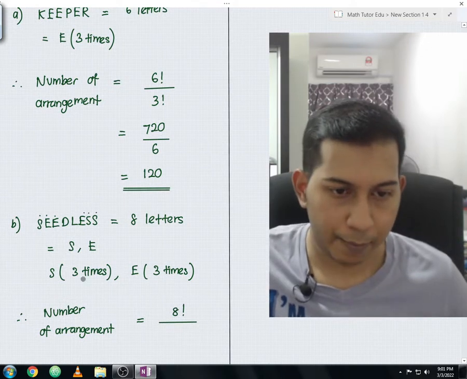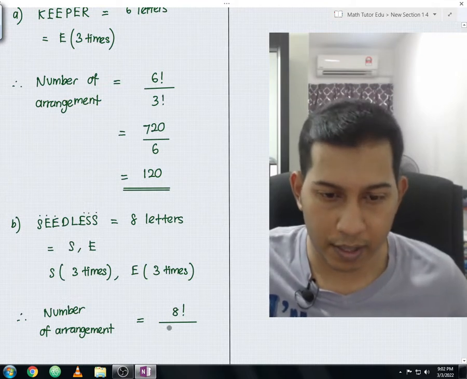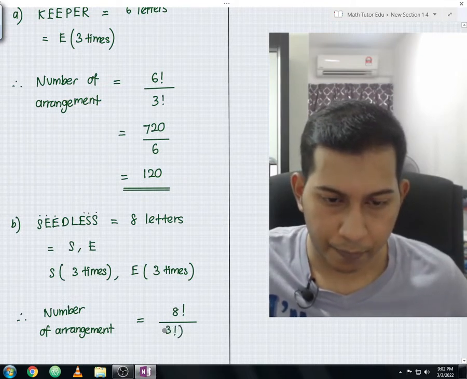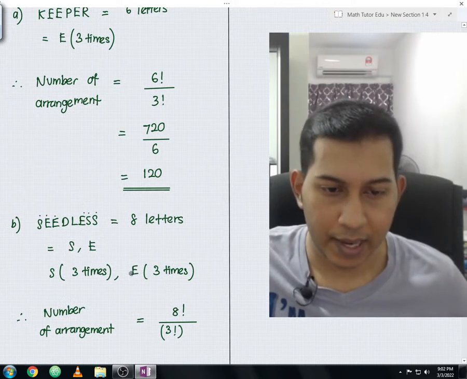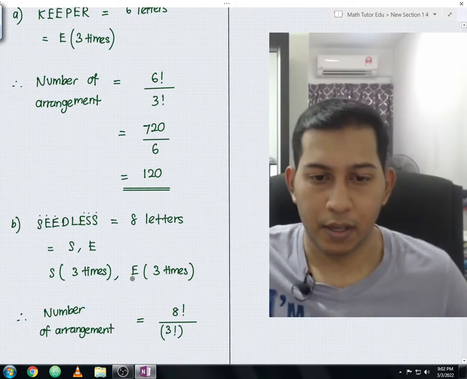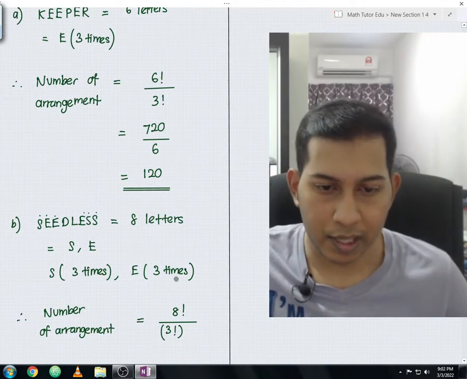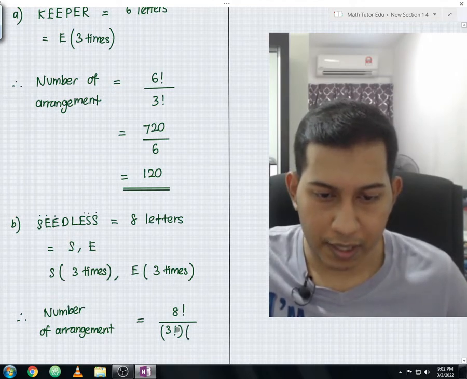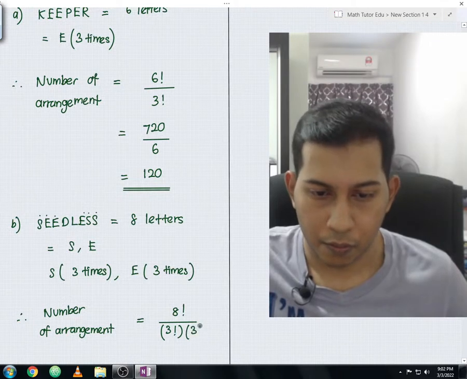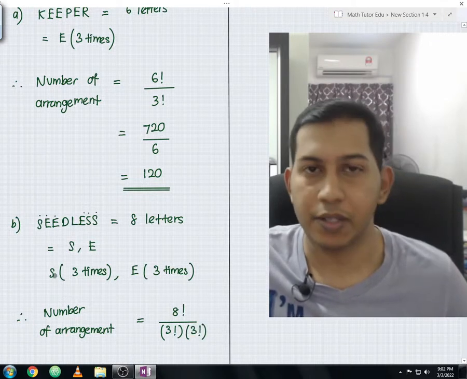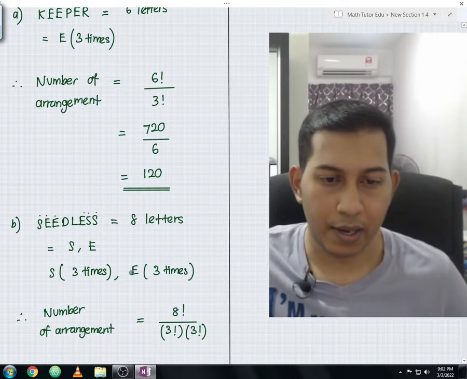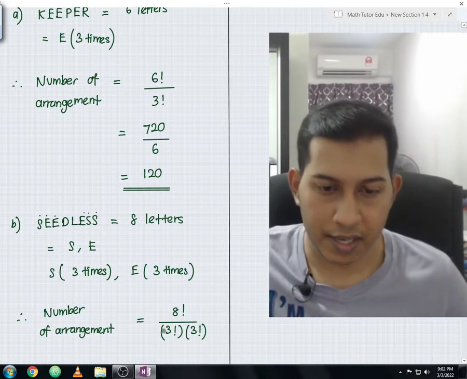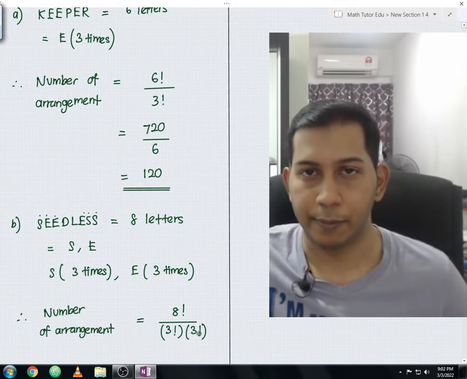Let us start with S. Since S is repeating for 3 times, you include here 3 factorial. Followed by letter E, also repeated for 3 times. So you need to multiply the repetition for S with the repetition for E. In this case, 3 factorial times 3 factorial.